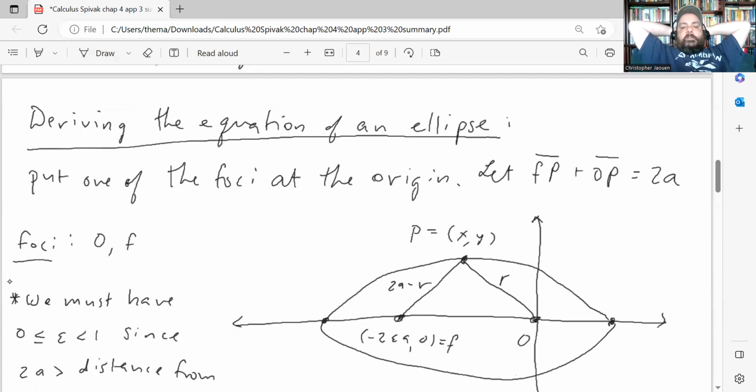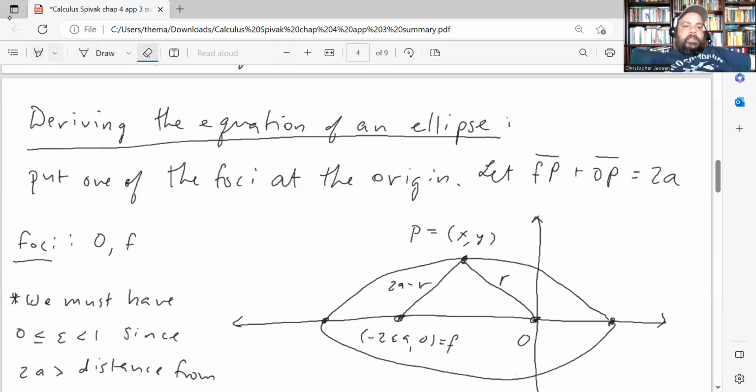Notice that I have one of the foci at the pole, and the other focus has Cartesian coordinates (-2εa, 0). I'm calling that F, and the polar radius here is this one, and I'm calling that r.